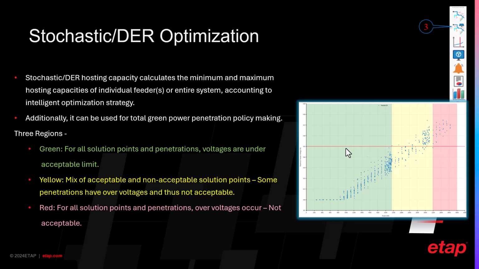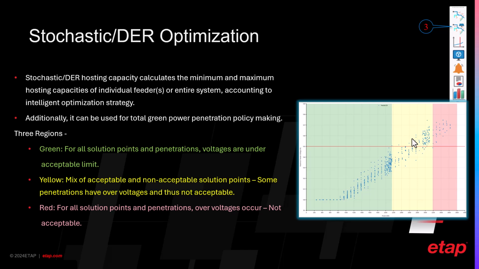So firstly, we have the green region on the left-hand side. In this green region, all solution points and all penetrations are acceptable because the maximum voltage is under the critical limit of 105.